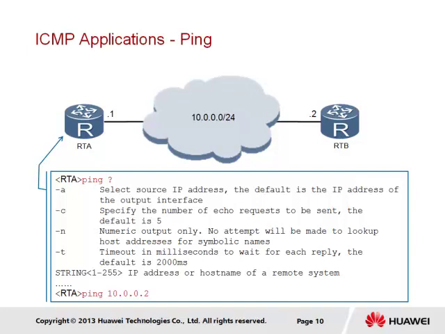We also detail some of the various parameters that are used to support the operation of ping. The ping command followed by the -a parameter will allow a source address to be specified. If no address is specified, the IP address of the outbound interface of a device will be used as the source address.